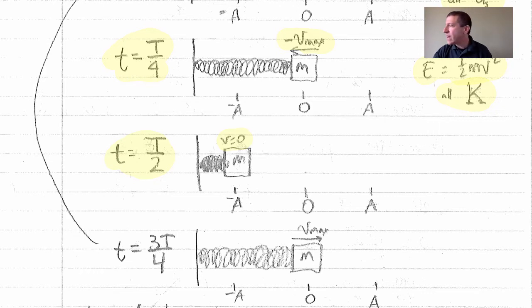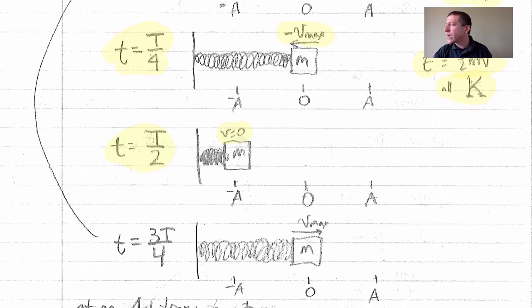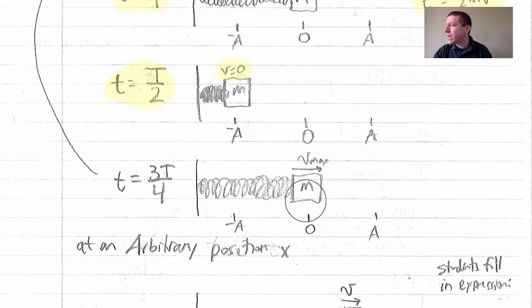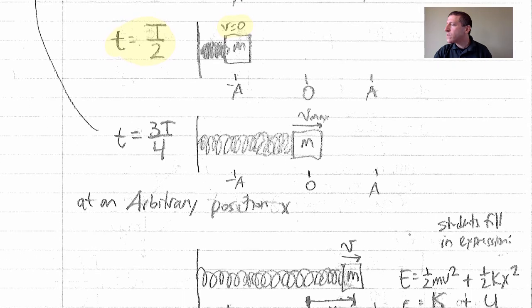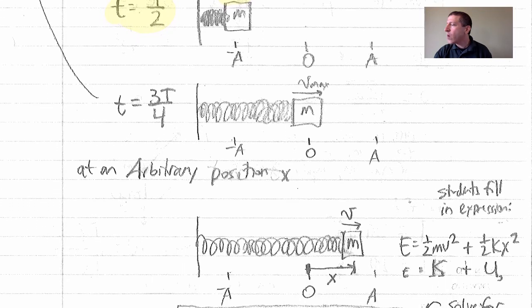And as you can imagine, at 3/4 of the way through the cycle, it's back at the equilibrium point, moving with v max in a positive direction. And again, all the energy is in the form of kinetic. Now, how about at an arbitrary position, some arbitrary position x? So any position x, not at the extreme, not at A, and not at the equilibrium point.